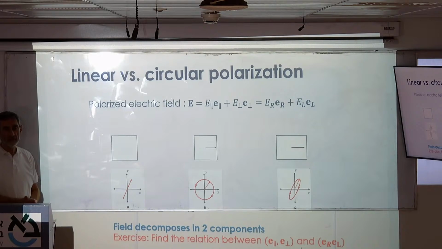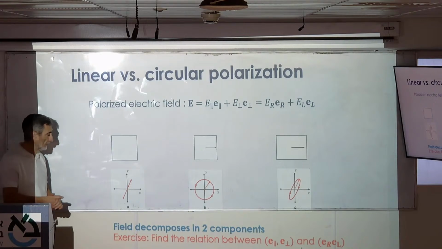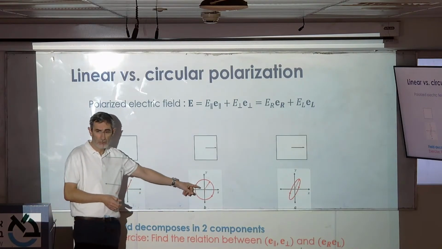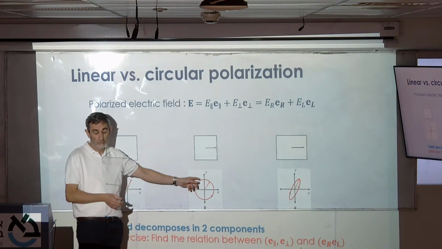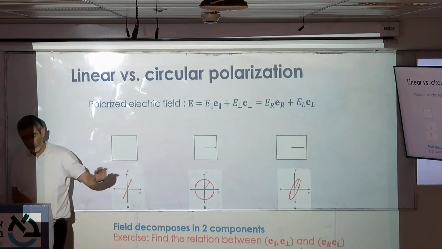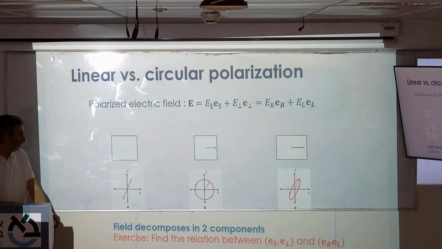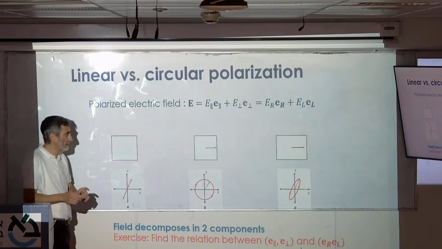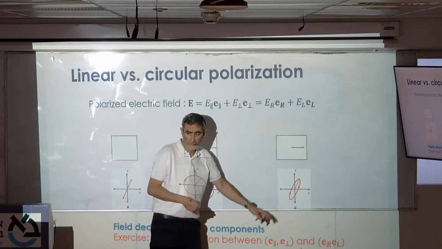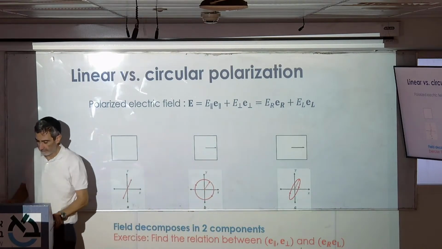So if they are in quadrature, like a sine function and a cosine function, we get circular polarization, counterclockwise or clockwise, depending on the sign. And if it's arbitrary phases, then you can have this kind of polarization.